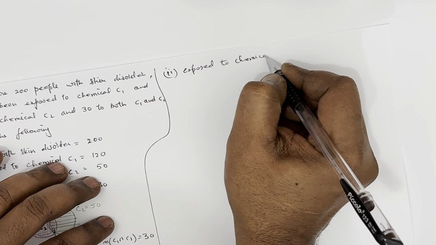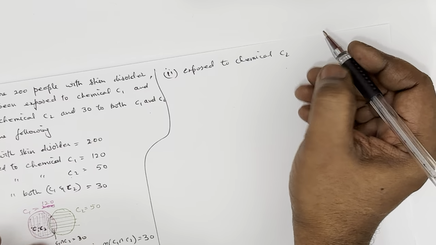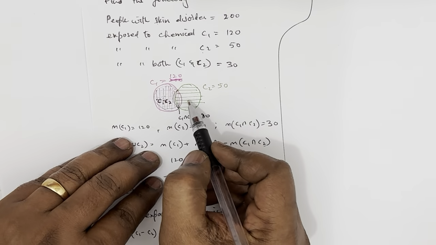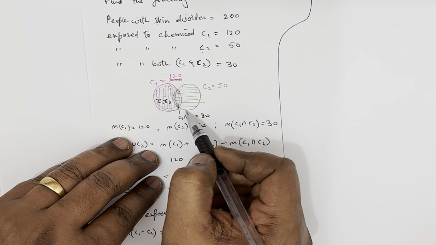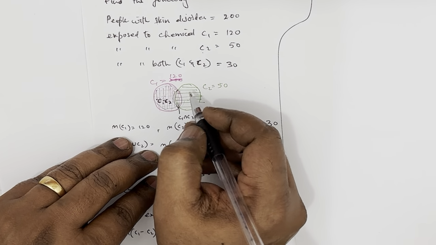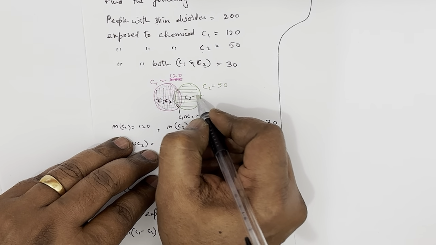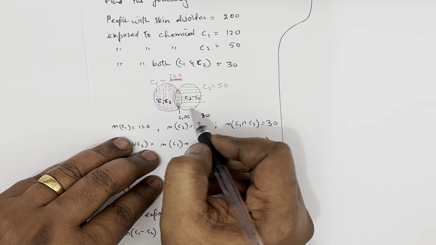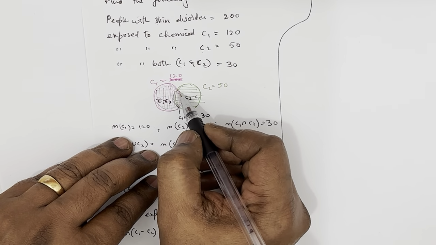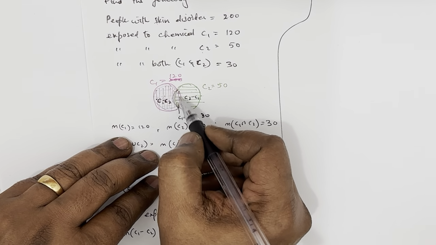Now the second one is people exposed only to chemical C2. That is this green part. This can be said as the C2 minus C1 area. If you want this area, it is the total area subtracted by the intersection part.